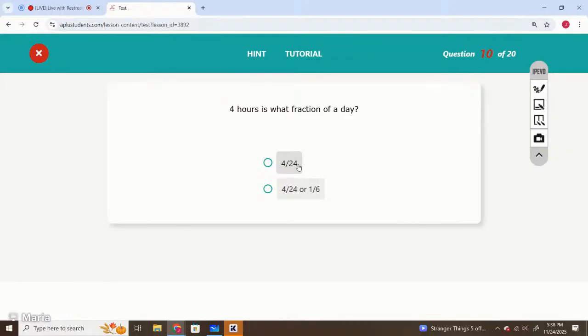4 hours is what fraction of a day? 4 hours is 4 over 24.